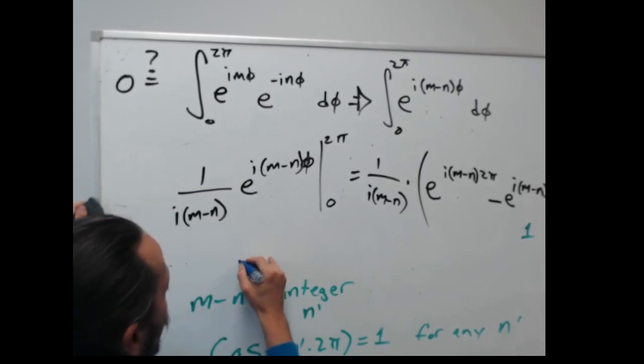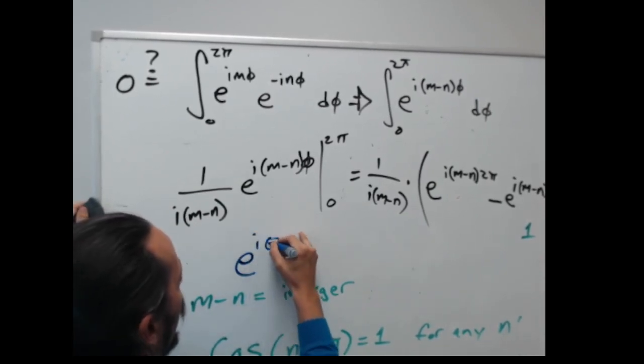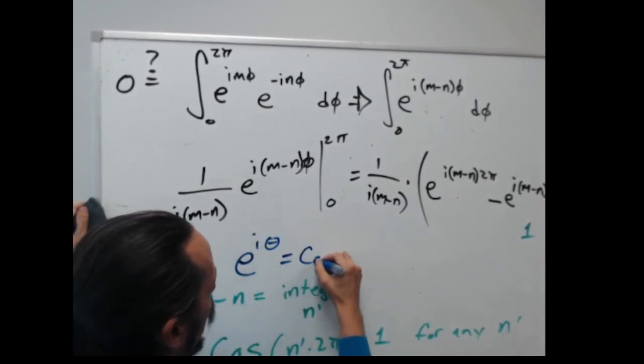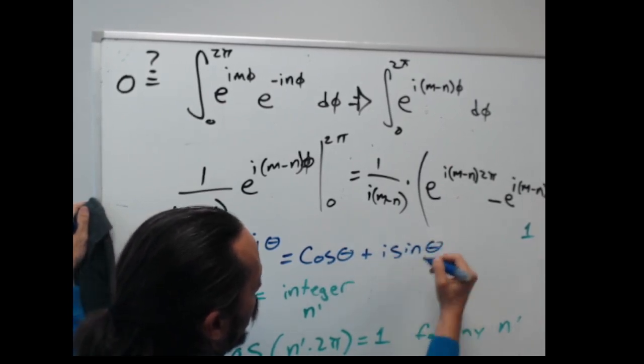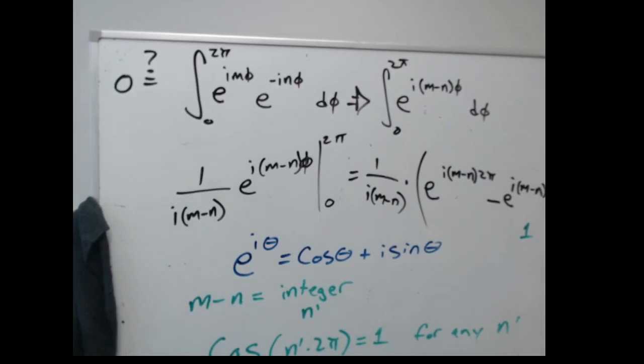This is really important. e to the i theta is equal to cosine theta plus i sine theta. So if you did the Taylor series expansion, you'd get cosine of n prime times 2 pi plus i sine n prime 2 pi.